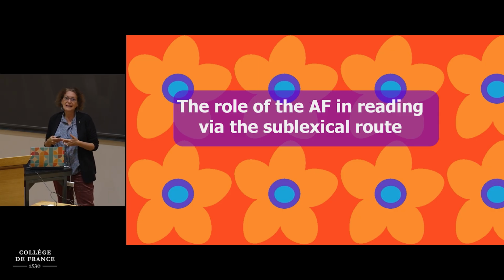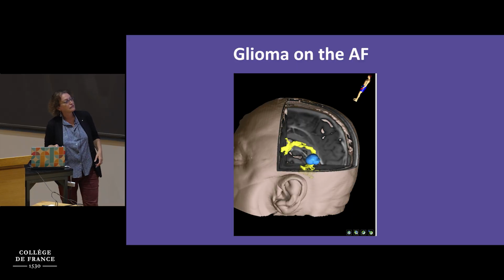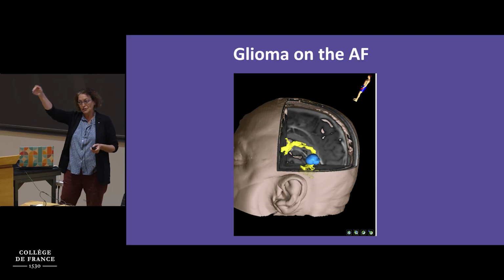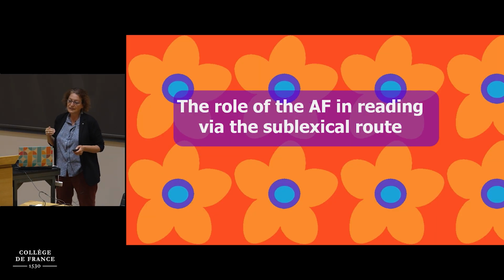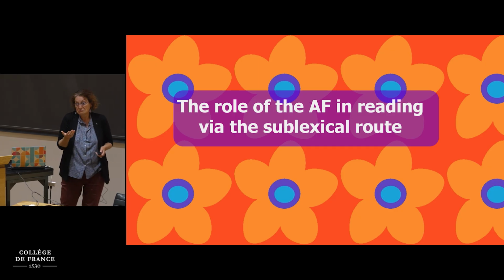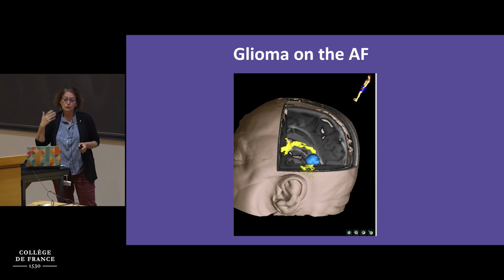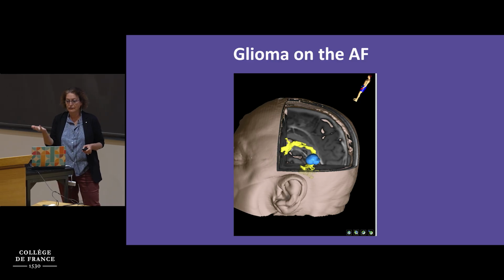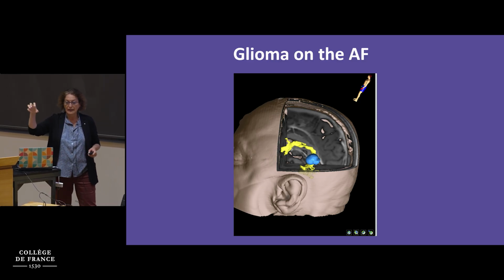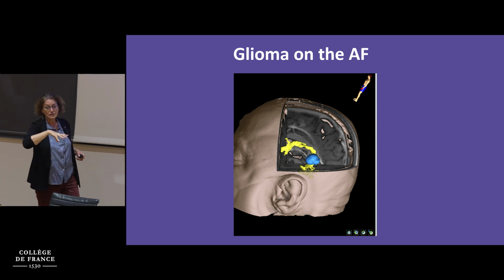So we try to understand what exactly the arcuate fasciculus does. This is the arcuate fasciculus. Remember, it looks like an arch. So what does the arcuate fasciculus do in reading, if it has a role at all? And again, the way we did it was looking at patients who have tumors on the AF and patients who do not have tumors on the AF.